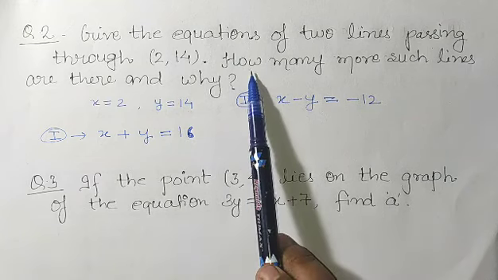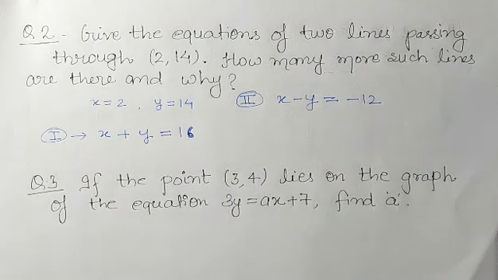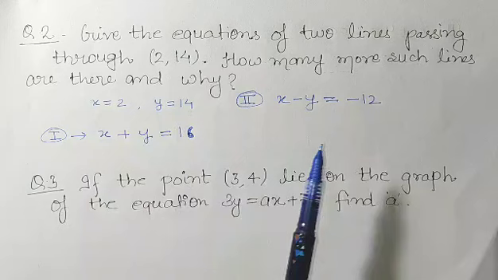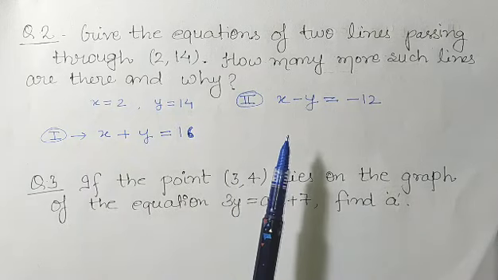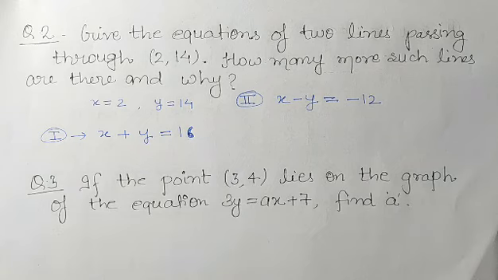So the answer to how many more such lines are there and why is that there are infinitely many solutions, infinitely many lines. Why? Because it is a linear equation in two variables, and linear equations in two variables have infinitely many solutions.